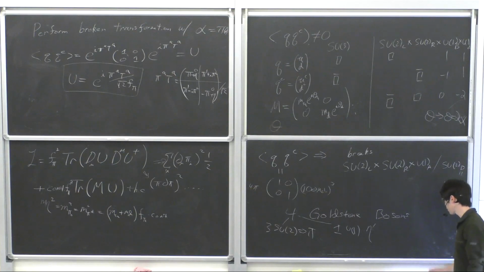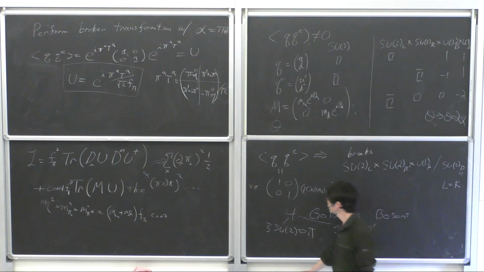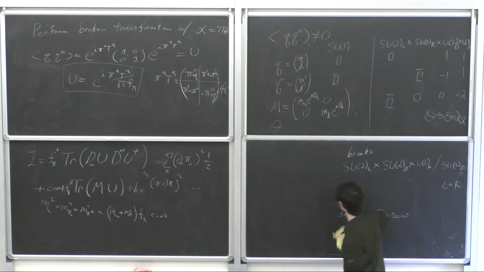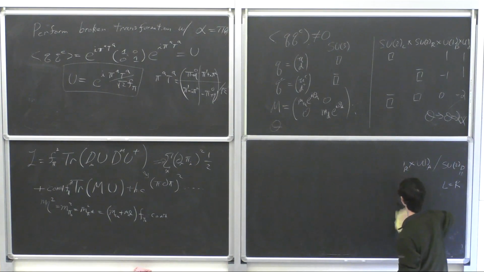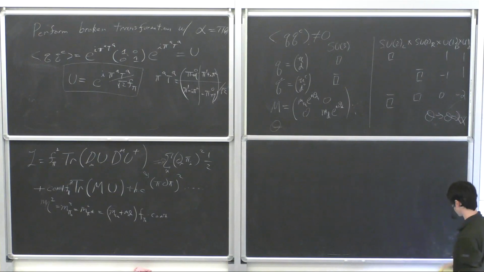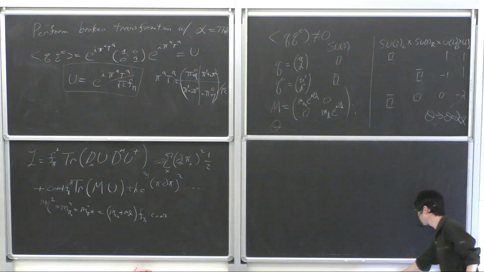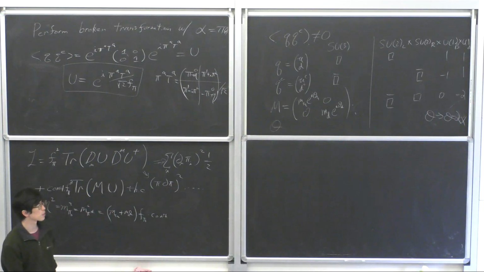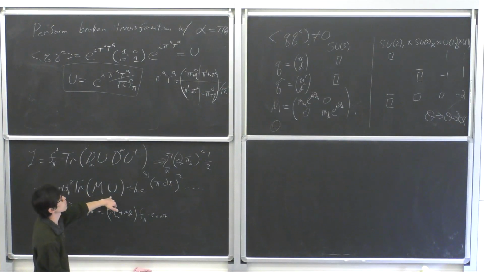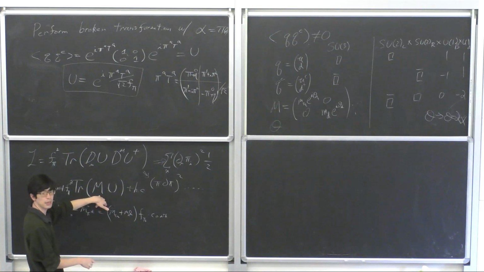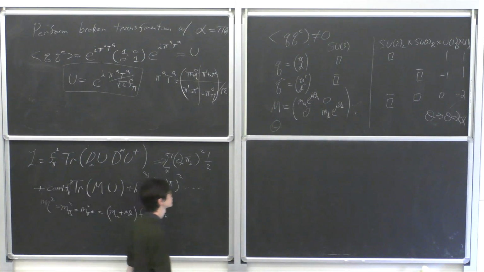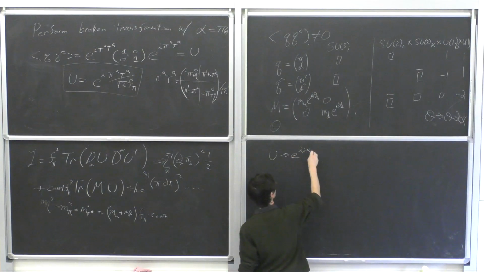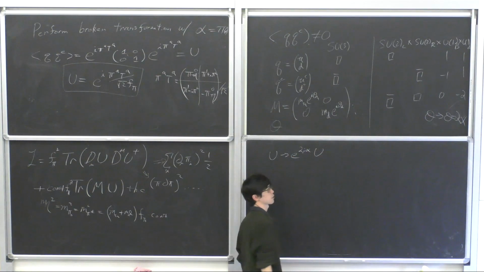Let's continue to write things with the spurion theta now. So first things first, notice this also preserves the U1 axial rotation. This rotates by 2. This rotates by minus 2. So that's good, right? U goes to e to the 2i alpha times U under the U1 axial.